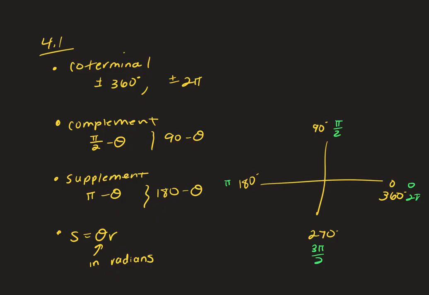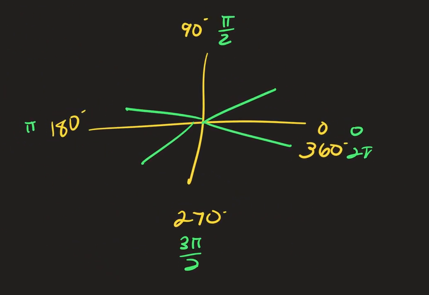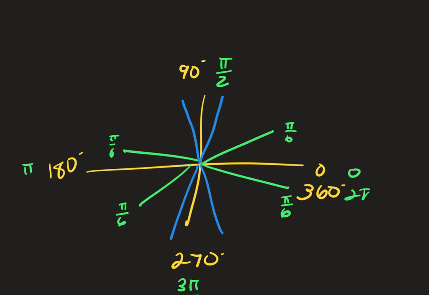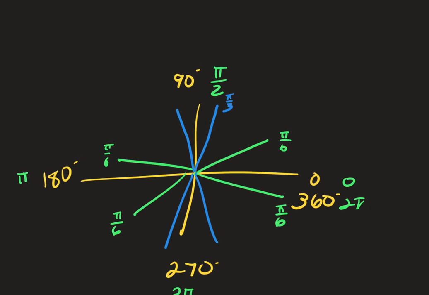And then we said closest to the x-axis was our over 6s. We said closest to the y-axis is our over 3s. And we said the in-between is the over 4.